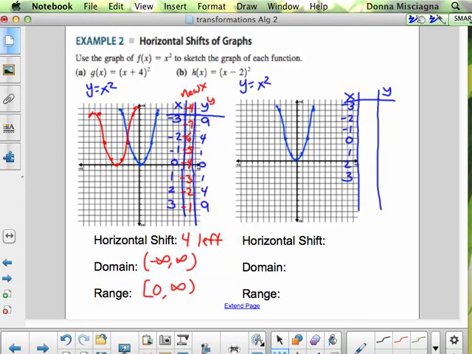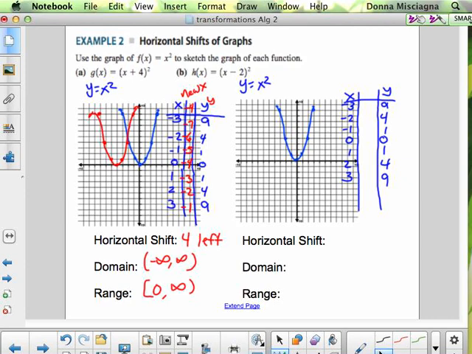So we'll go ahead and square those values. So negative 3 squared is 9, negative 2 squared is 4, negative 1 squared is 1, 0 squared is 0, 1 squared is 1, and then 4 and 9.